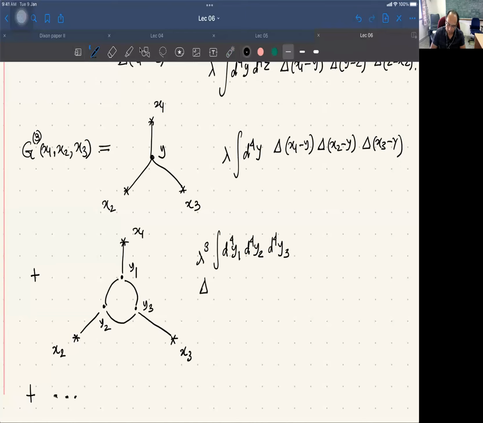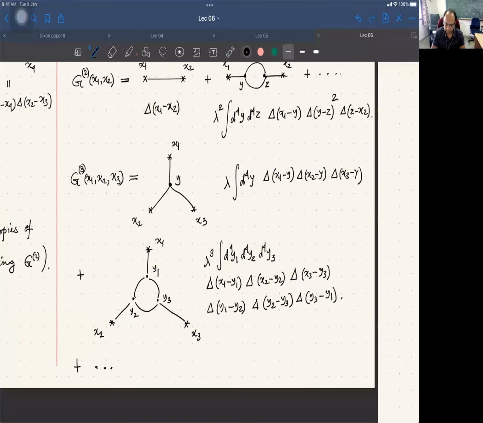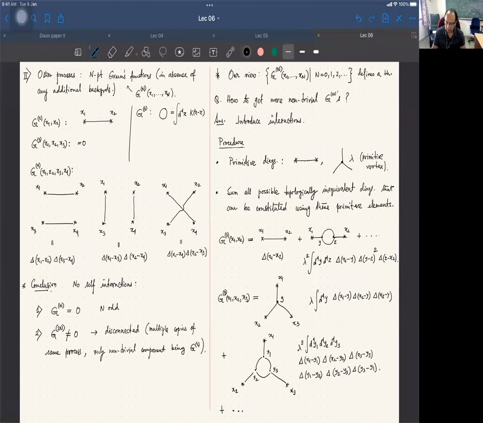Then you draw the links delta x1 minus y1, delta x2 minus y2, delta x3 minus y3, and then delta y1 minus y2, delta y2 minus y3 and delta y3 minus y1. That's the expression. Okay. Here's the slide.